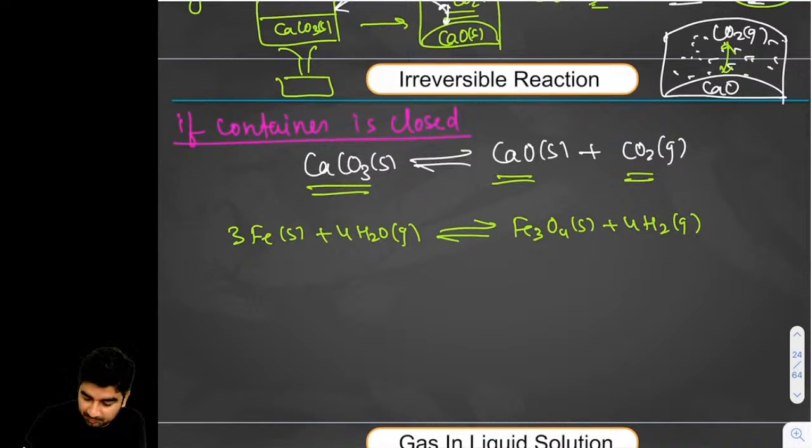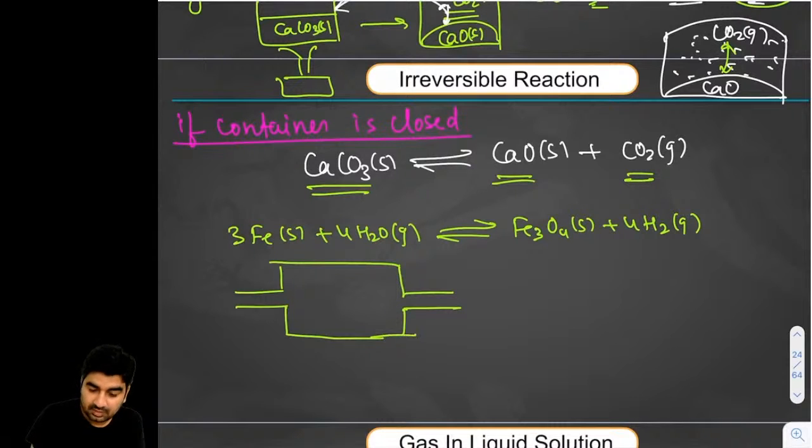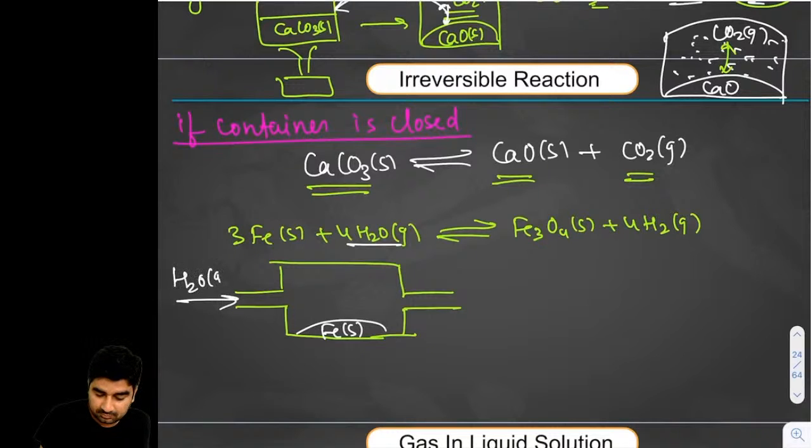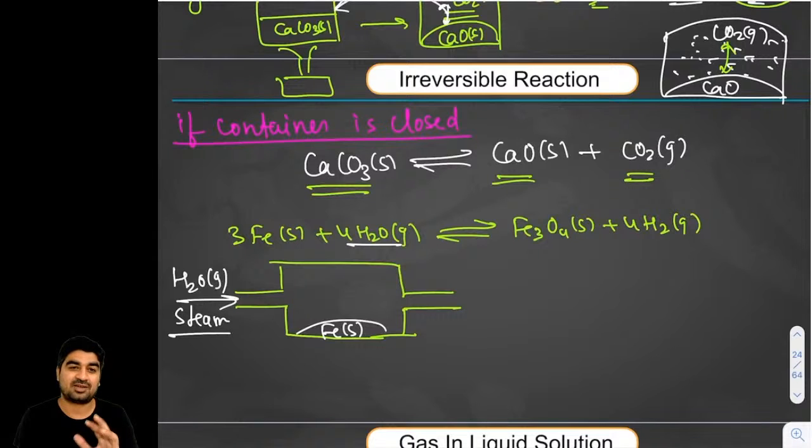Now I'm telling you, suppose this is the container, and in this container I'm taking Fe solid, and from this end I'm passing the steam. Why am I calling it steam? Because these are vapors of water. This is not exactly water. So guys, when I'm passing steam through it, what will happen? Hydrogen gas will escape.